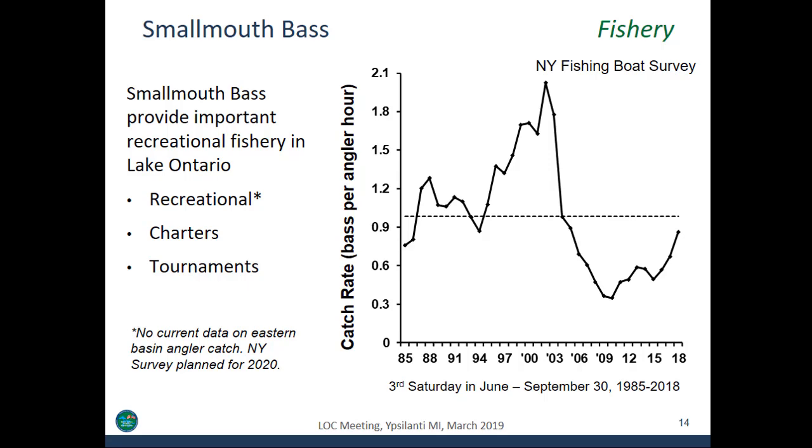But here we can see the catch rate for bass, bass per angler hour for that lake-wide survey. We had an increase during this time period, a decline to record low, I believe 2010, of 0.35 catch per angler hour. We do see an increasing trend more recently, and in 2018 we had a catch of 0.86, and I'd say the consensus is that's on par with what we're seeing in Lake Erie.